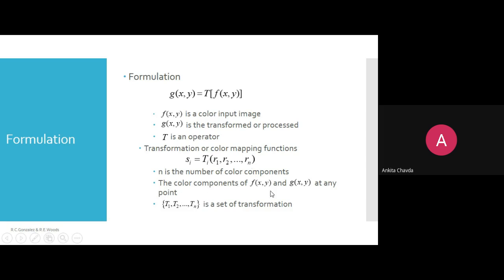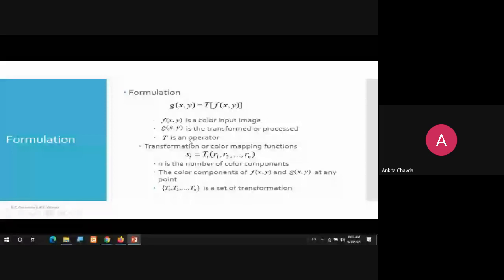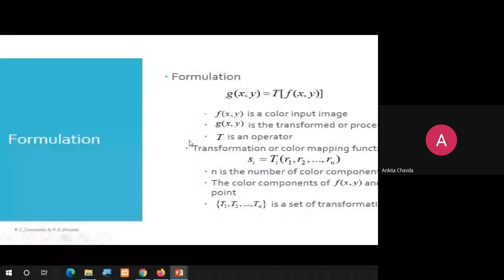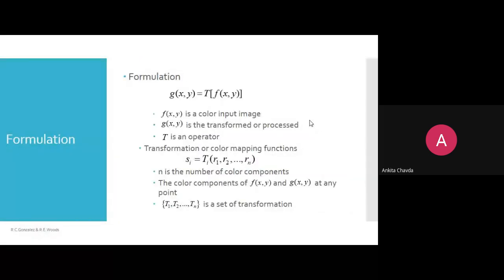The number of color components of f of xy and g of xy at any point should be the same, right? Because whatever the number of color planes you are having, the same you will have in S. And T1, T2, Tn is the set of transformations, right? So whatever the number of R you are having, the same number you will be having for T and the same number you will be having for S.